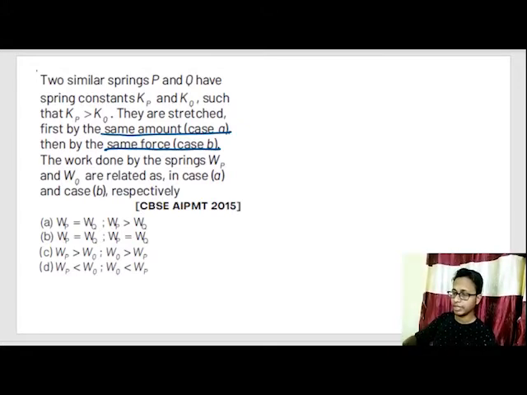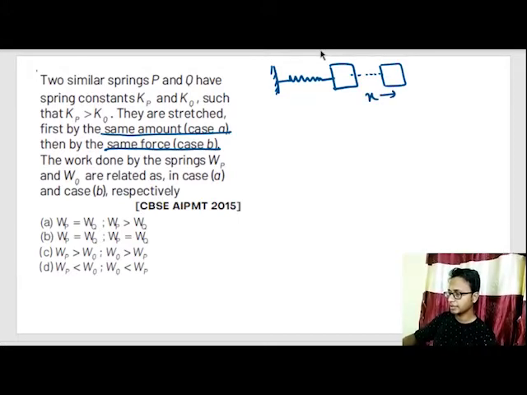So what is happening out here? Let's see. There was this spring. It got stretched. Someone pulled it out here by distance x, and the spring constant was Kp.